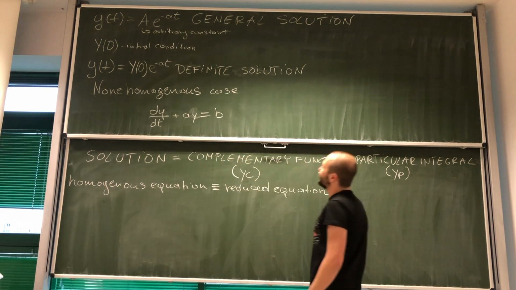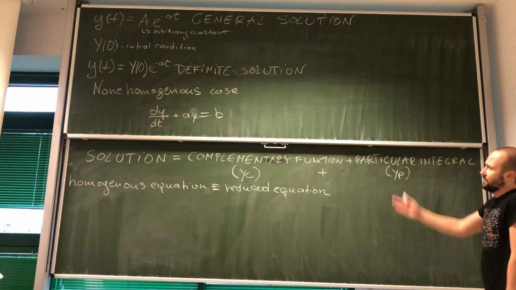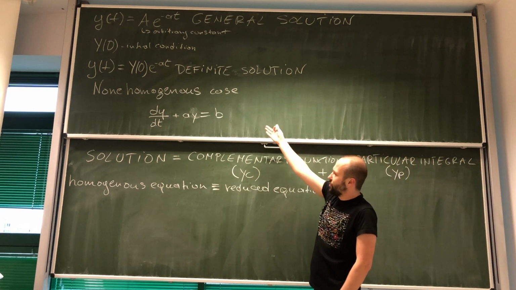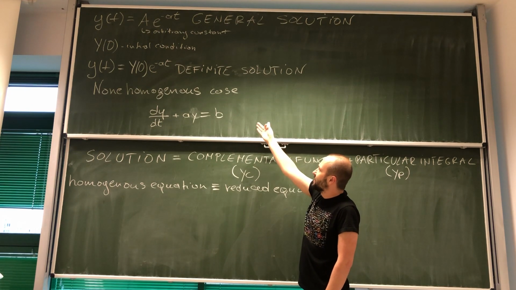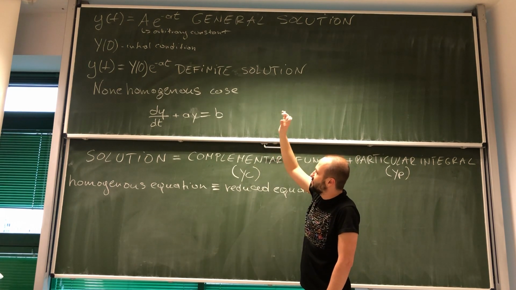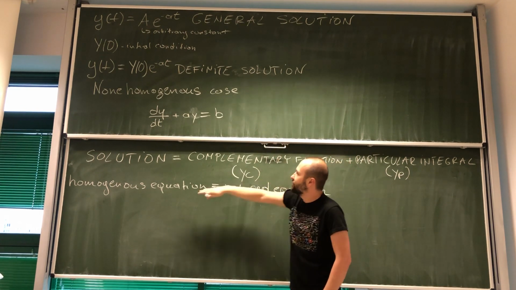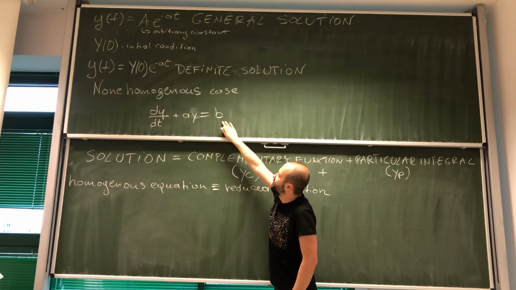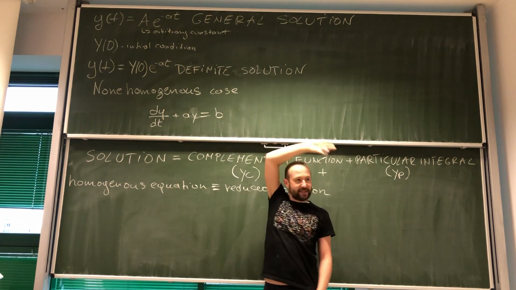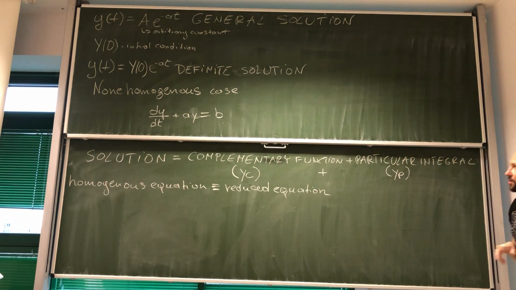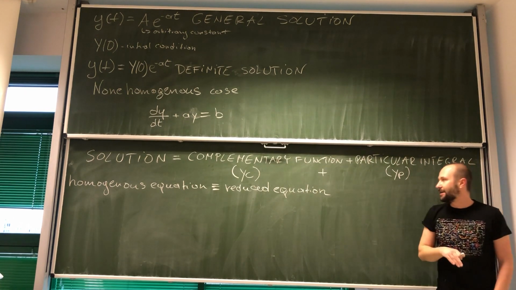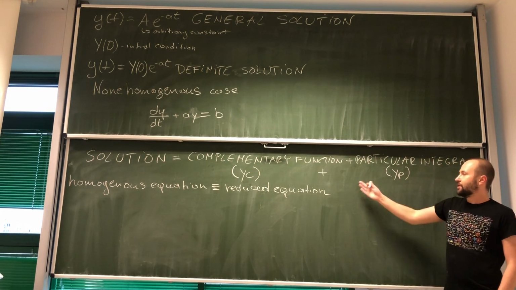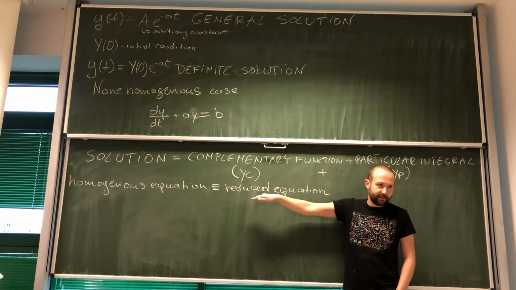Why is it like that? Think about it. Because there's only one difference between homogeneous and non-homogeneous equation. This b. So if I would just take this b out of non-homogeneous equation, I would get homogeneous equation. So this is a reduced equation.